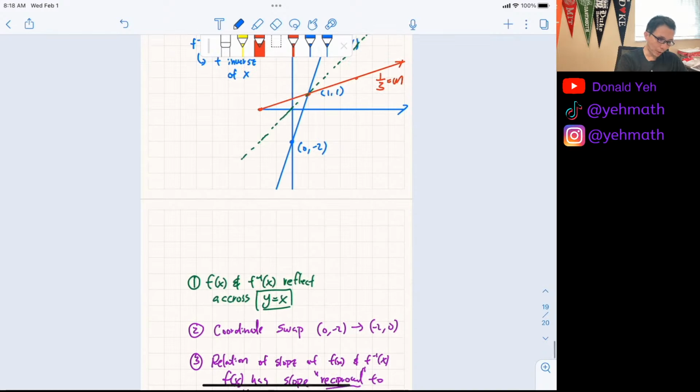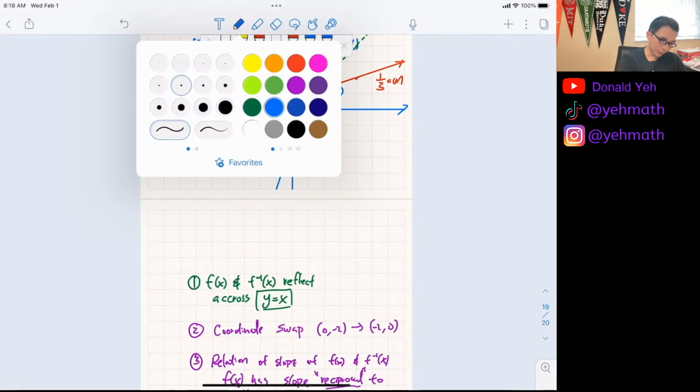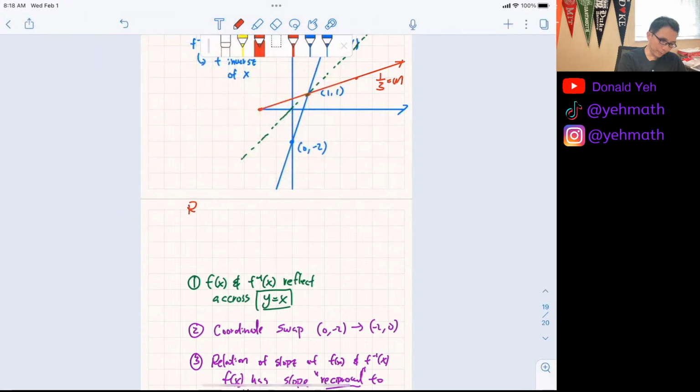Now let's talk about requirements. I left some space there for me to talk about requirements. So what is the requirement to have an inverse? What's the first requirement?